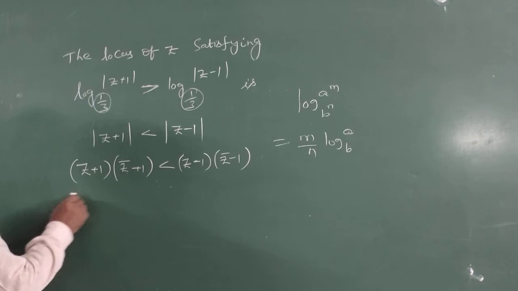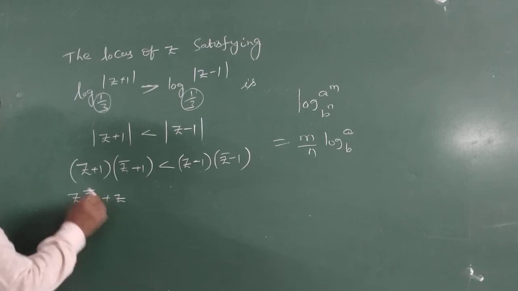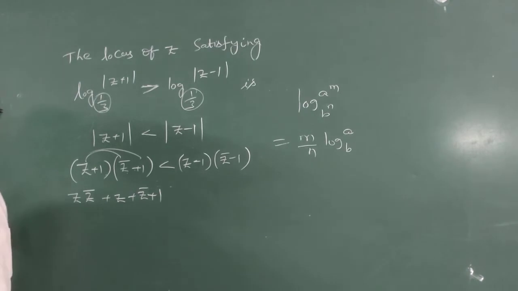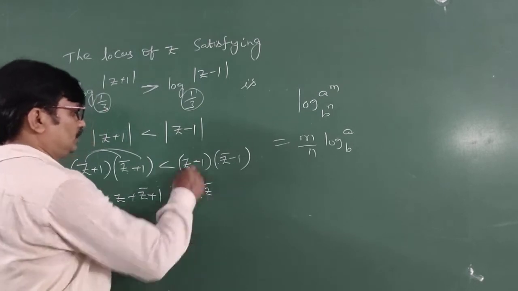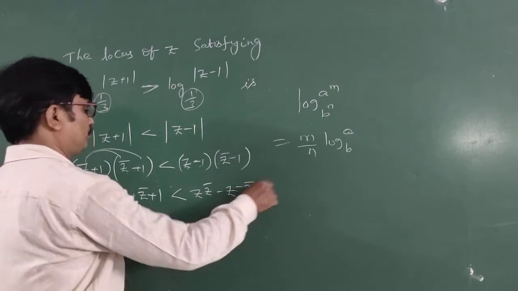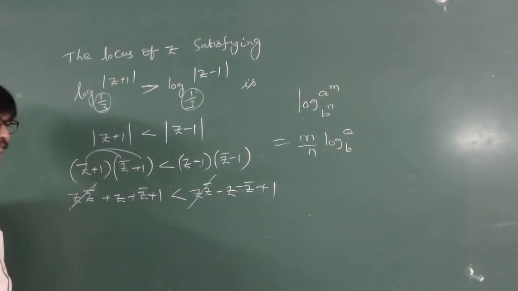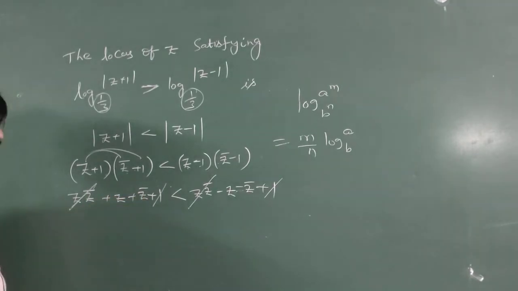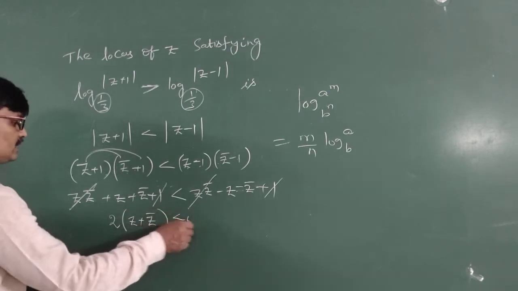After that, this we can write as z bar times z, plus z plus z bar plus 1 is less than z bar times z minus z minus z bar plus 1. So students, the z bar z is cancelled. Now the 1 cancels. Now students, z plus z bar, we can write as 2 into z plus z bar is less than 0.